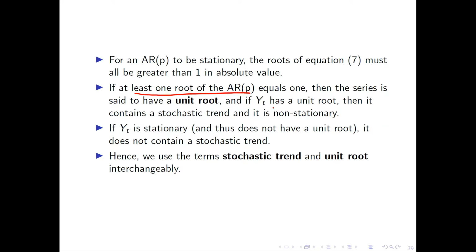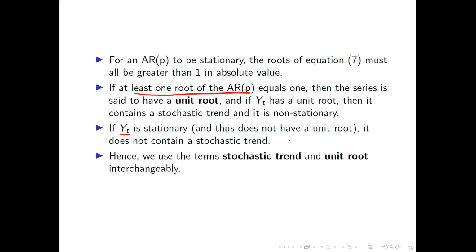And we saw that if the process is non-stationary, we will have quite a few problems with our regression model. But if the roots are greater than 1 in absolute value in the complex plane, then yt is stationary, and it does not contain a stochastic trend.